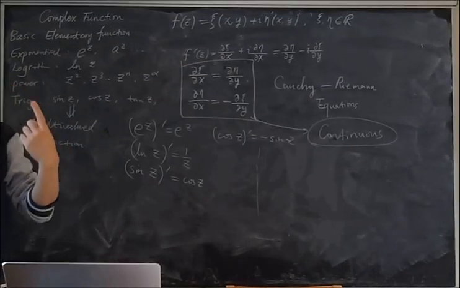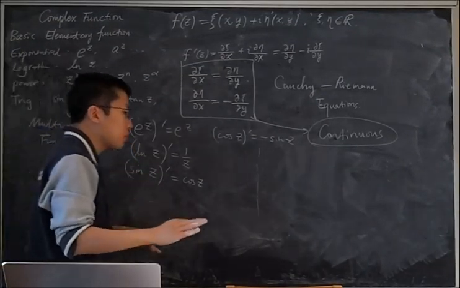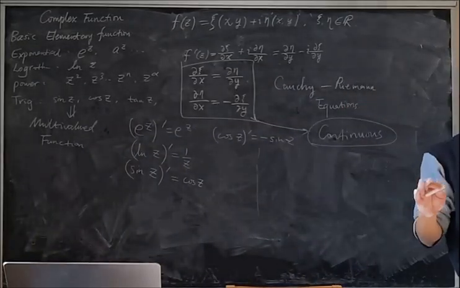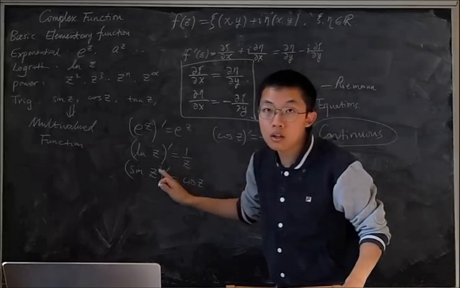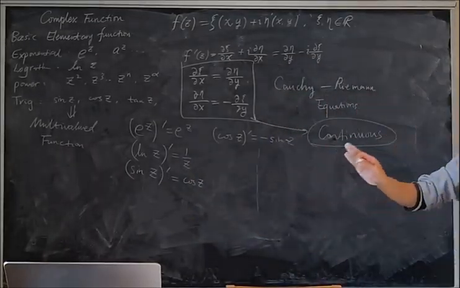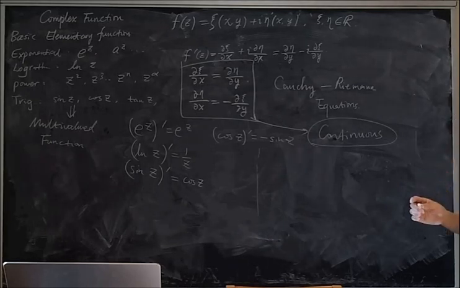But always remember that these are complex functions, so the essence is still a little bit different. First, the definition of some of the functions here might be a little bit tricky. For example, for sine z, how should we understand that for complex values?